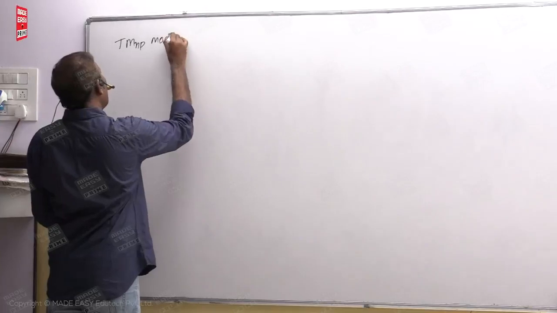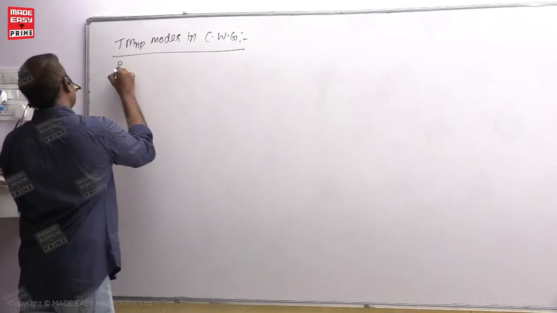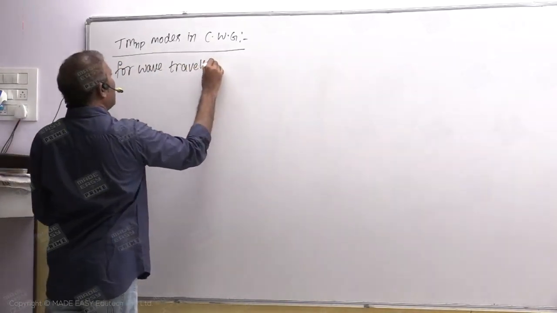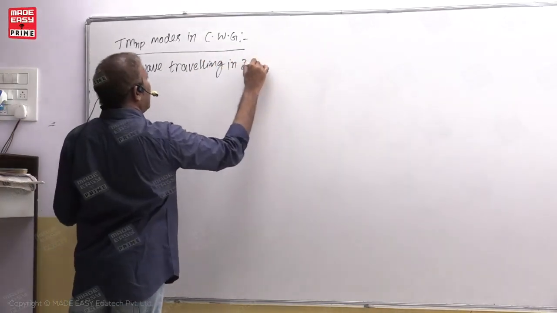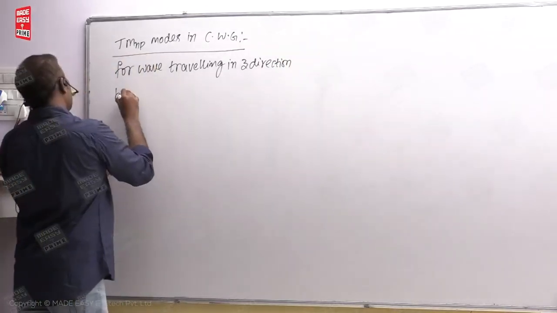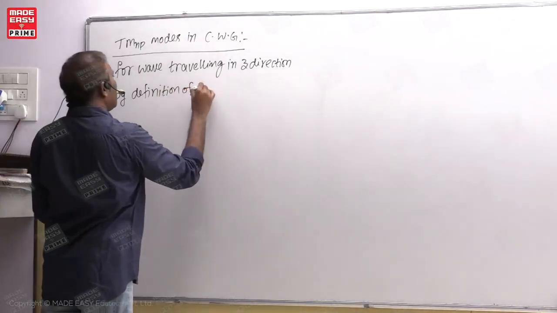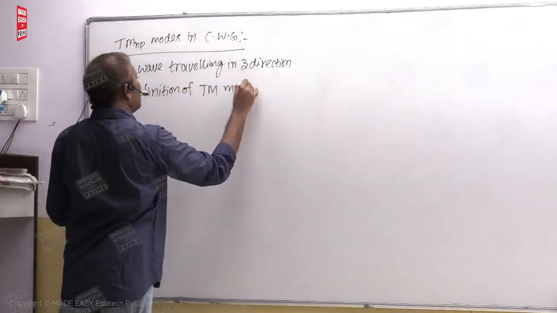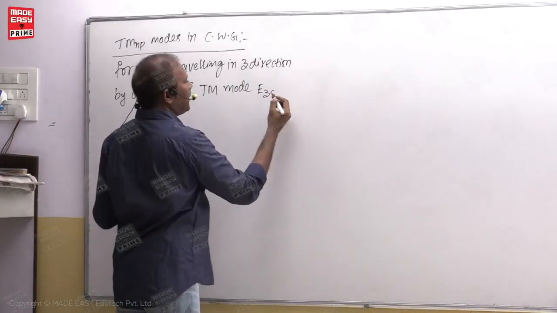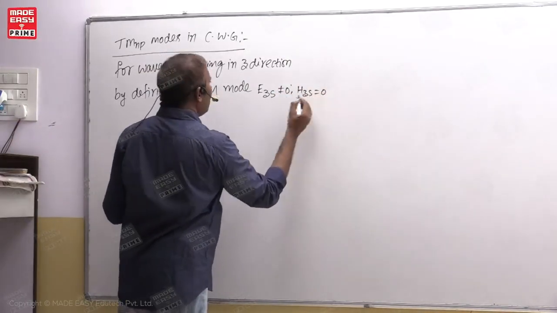TMnp modes in circular waveguides. For wave traveling in z direction, by definition of TM mode, electric field z component is not 0 as z is equal to 0.